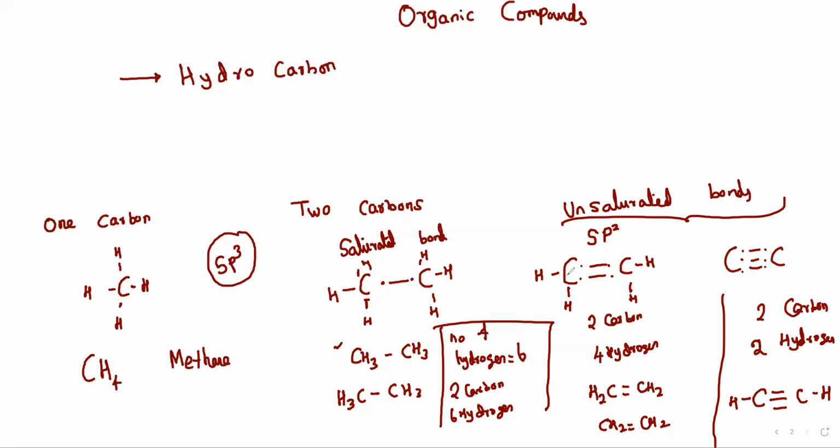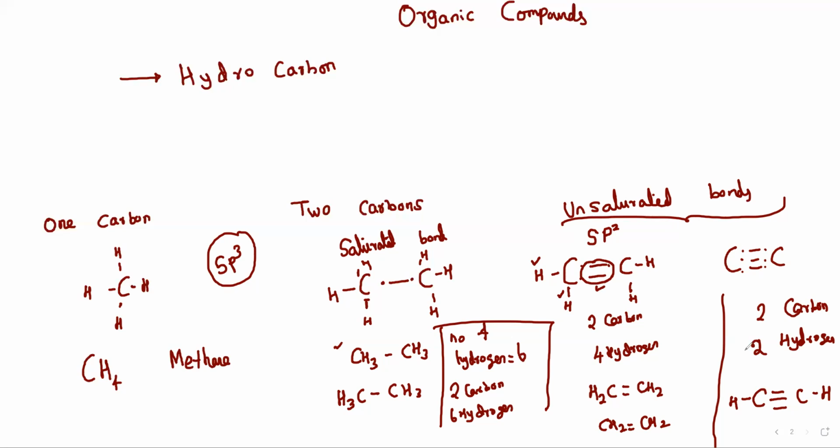These two bonds happened in the same orbital. So this is s orbital formation, this is p orbital formation, this is another p orbital formation. So one s and two p orbitals are there. So it is sp2 hybridization. Are you able to follow me?